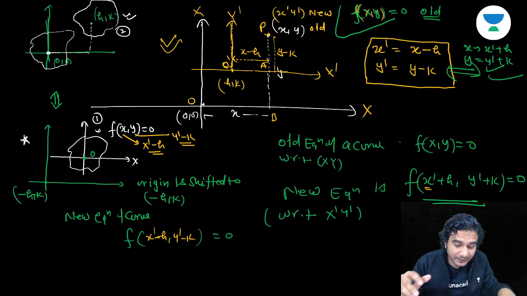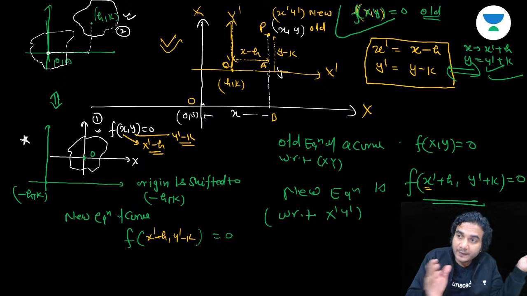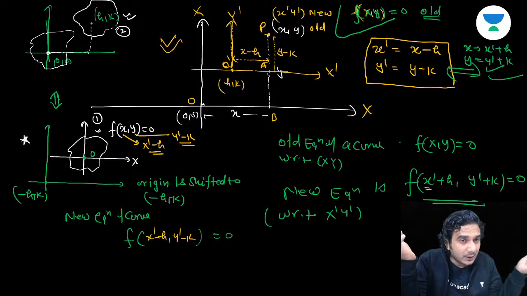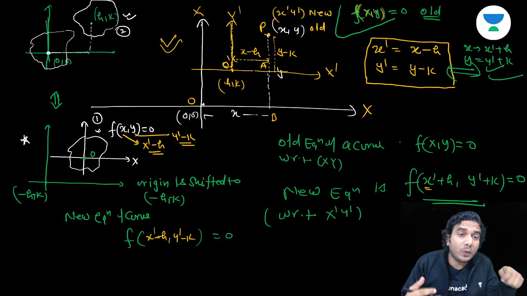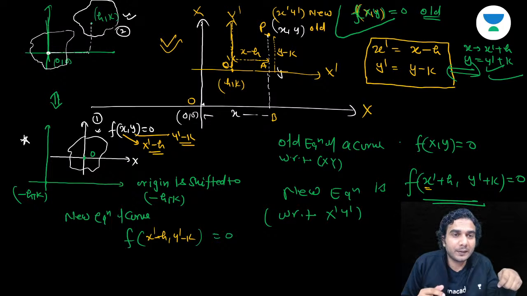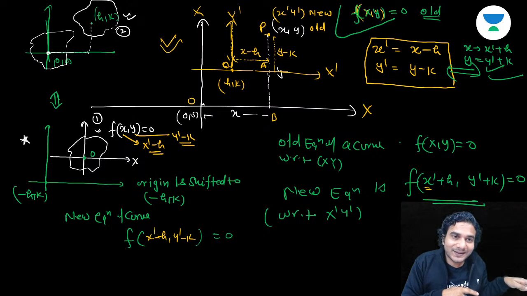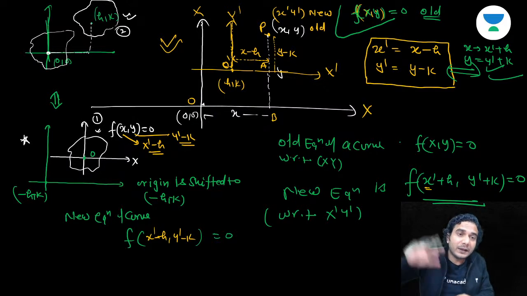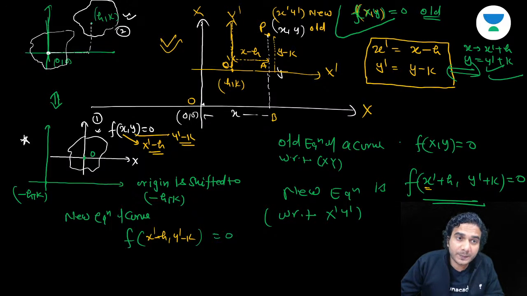Actually, I explained this thing to you earlier also. Translating the curve in the positive direction of the x-axis by h units and the positive direction of the y-axis by k units is equivalent to shifting the origin in the opposite direction. So shifting the origin to minus h comma minus k is the same as shifting the curve to h comma k with respect to the origin.